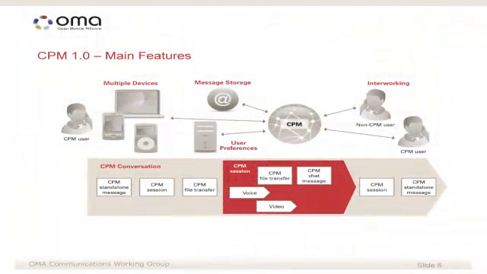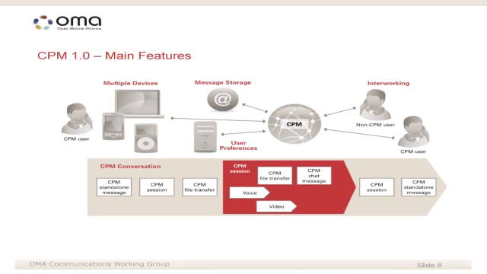This provides a better user experience, since so far the user had to know what kind of service to deal with when their friends support, for instance, CPM or other types of services. And finally, there are also user preferences that apply to all these types of services: on which devices you want to receive a message, or whether you want a message to be interworked when it arrives.